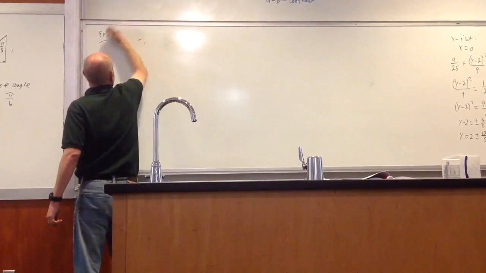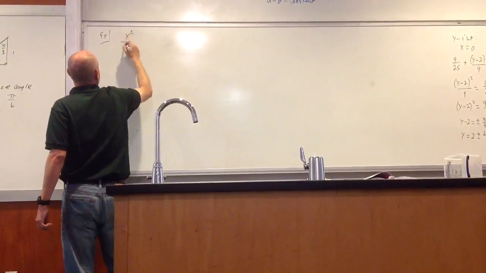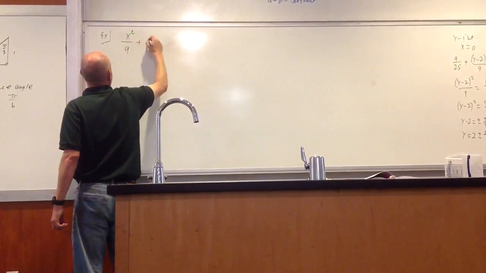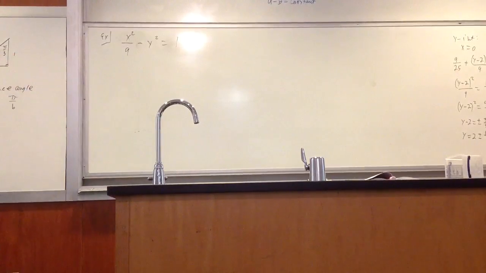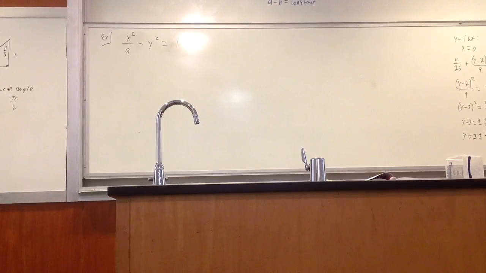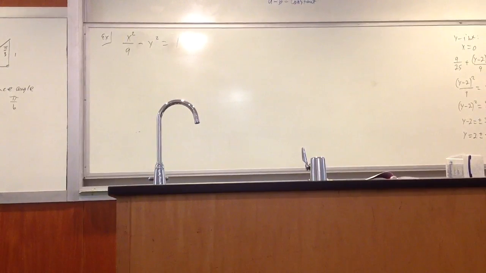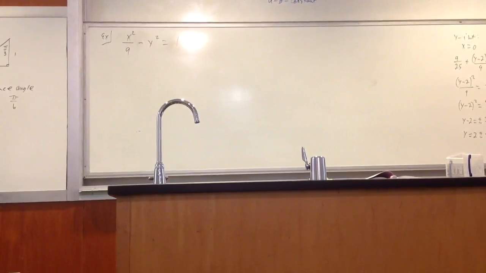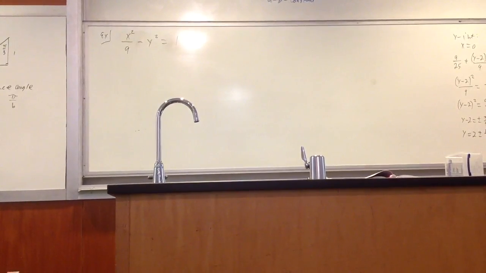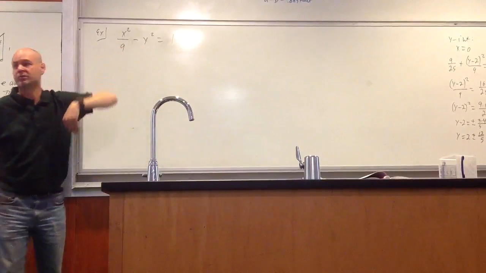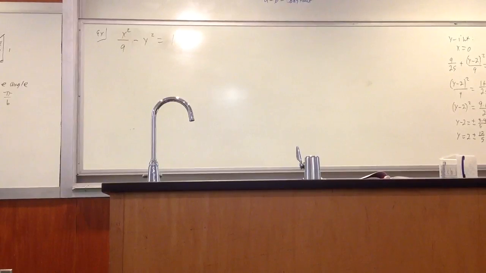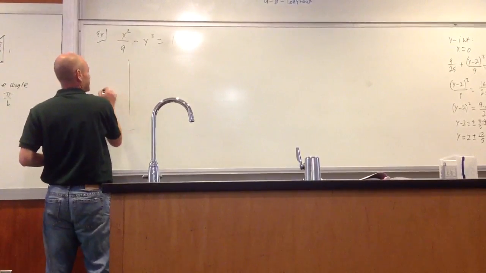Actually, let's start with a simple one. Oh, well, minus. We're centered at the origin here, right? h and k are both 0 in this case.